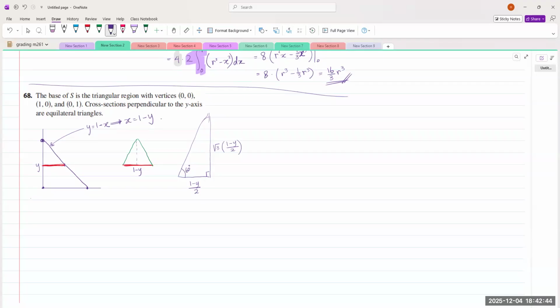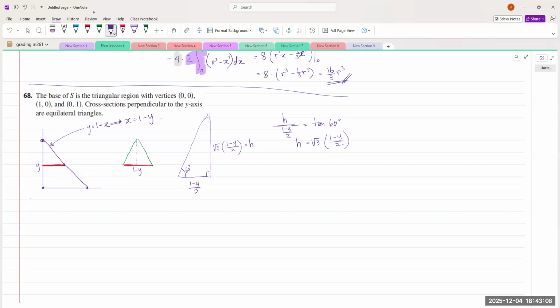If you don't remember that, let's call this h first. So h over (1 minus y over 2) is equal to tangent 60 degrees, which is radical 3. So h is radical 3 times (1 minus y) over 2.